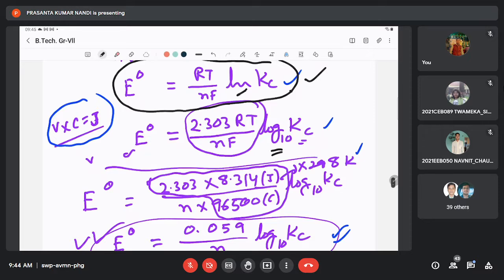Now, if you write this constant more explicitly, then we can write 2.303 into the magnitude of R, which is 8.314 in joules, into temperature T, which is 298 Kelvin, and n into F, the Faraday, 96520 in coulombs. Now volt into coulomb gives rise to energy, right?